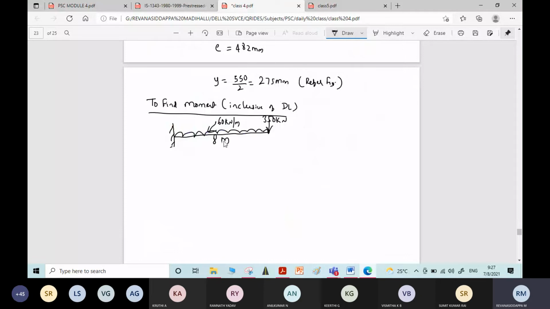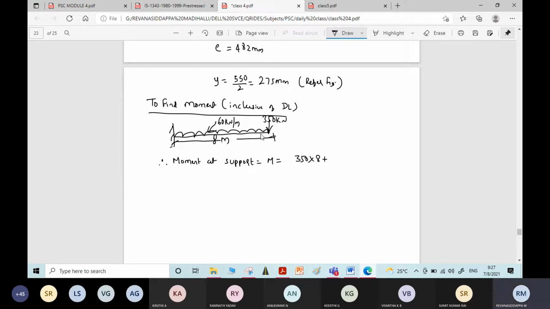Now you can find the moment, right? Moment at the support. We are finding principal stresses at the support, at a distance of 550 mm from the top fiber. You find the moment at support. Therefore, moment at support is equal to the moment of this point load about the support, 350 into 8 meter.